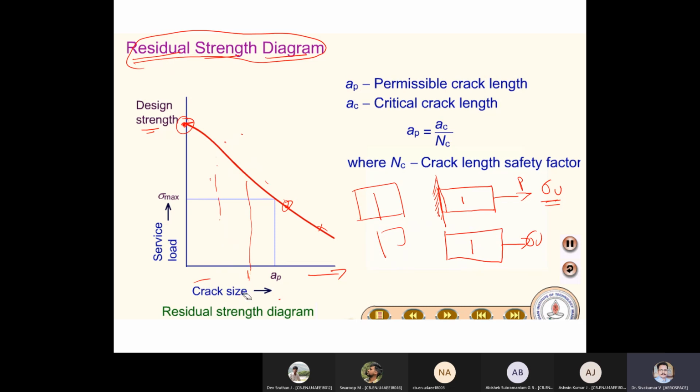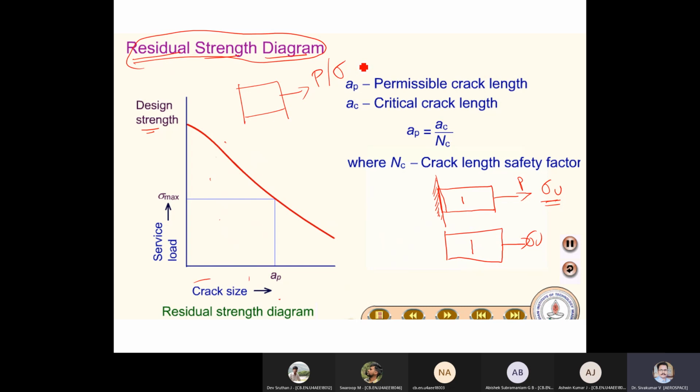Using this residual strength, I created the diagram for that particular material which I'm using. What is the use of my diagram? It gives me this. That means my component is operating at one particular P or one particular sigma.